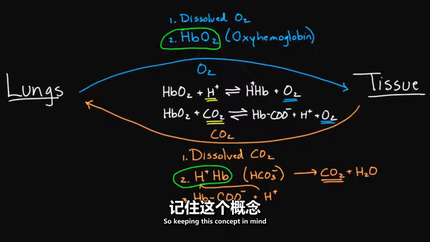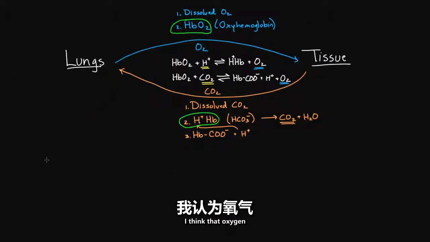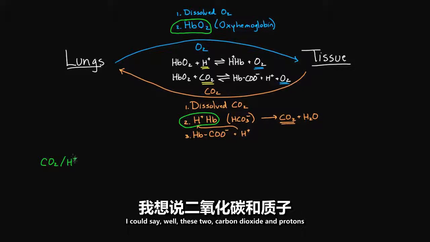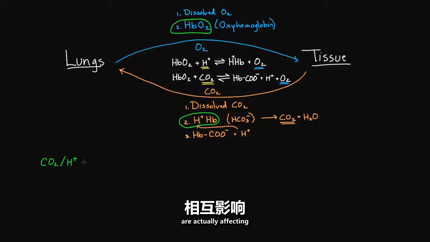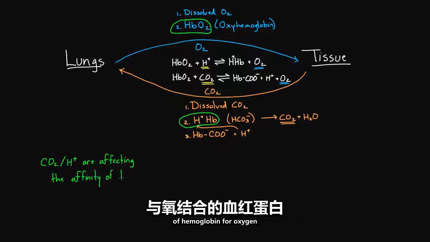So keeping this concept in mind, I could step back and say that oxygen is affected by carbon dioxide and protons. I could say these two, carbon dioxide and protons, are affecting the affinity, or the willingness, of hemoglobin for oxygen, right?